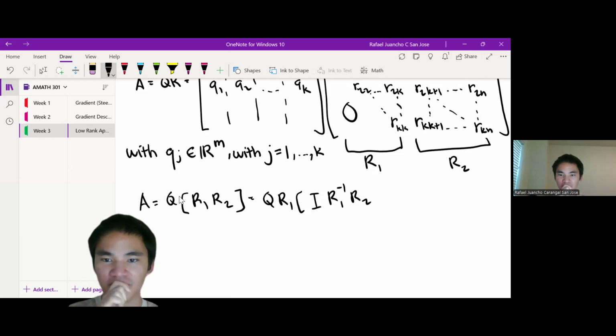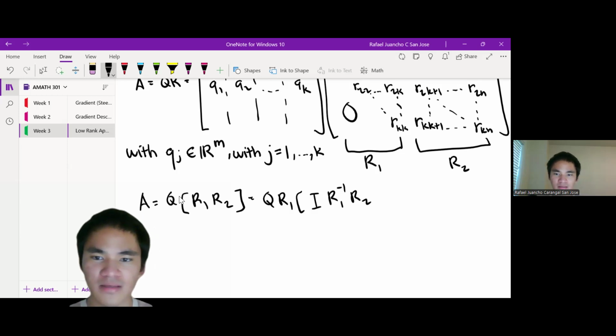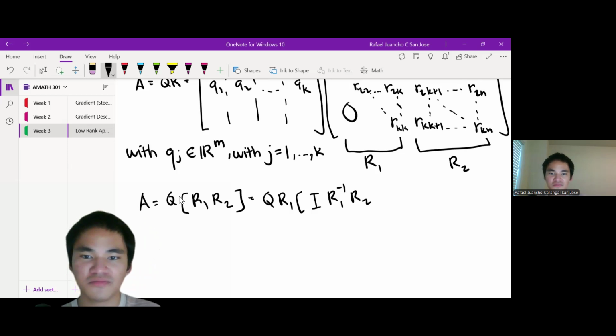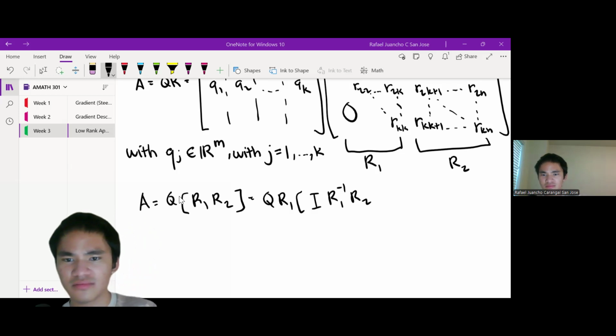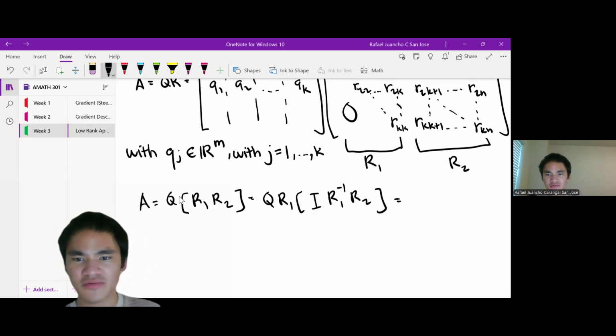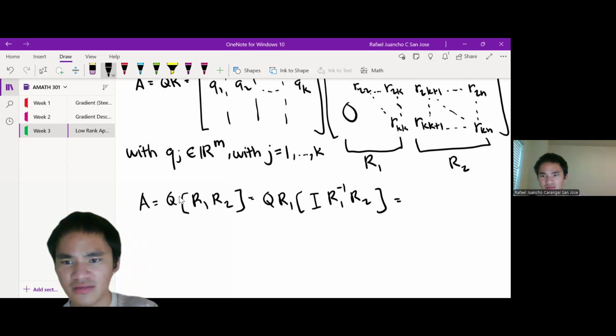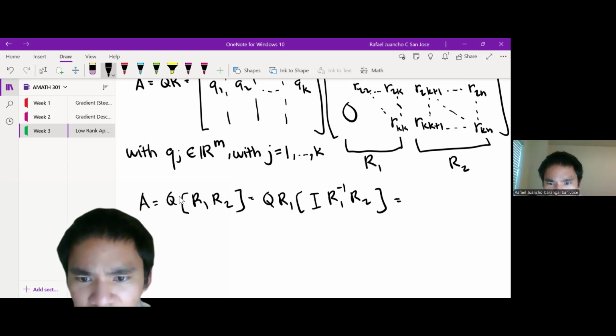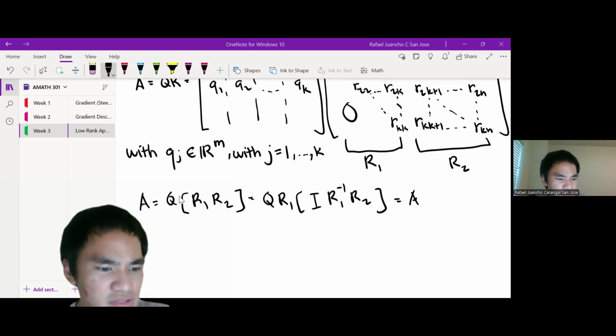So what happened here? Well, I've just added these two, right? And then what else? Well, this is basically equal to my A. Okay, I can't read that notation.